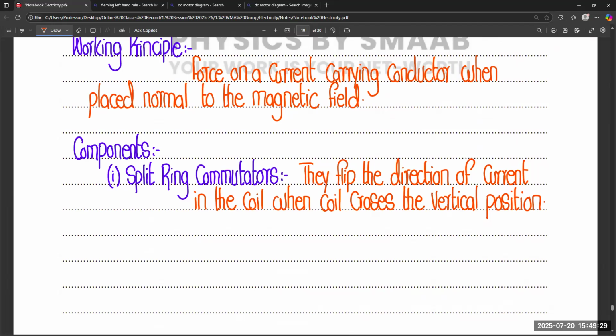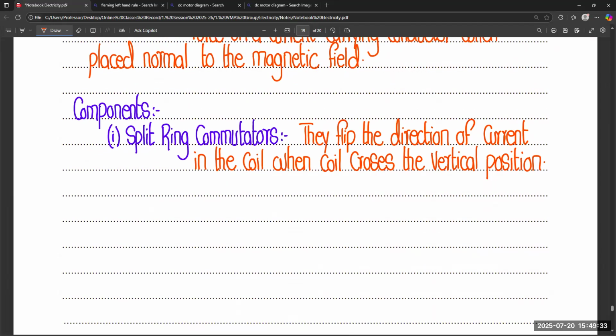And the second thing is carbon brushes. Carbon brushes are a new component because the coil, magnet, electric current, and battery we already know about.